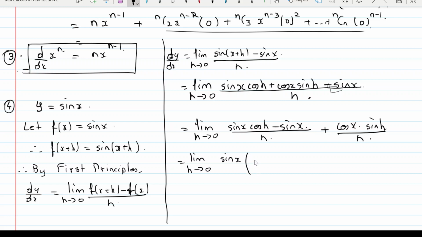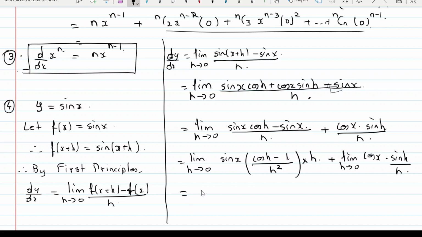What you're left with is cos h minus 1 upon h. And we know this kind of limit. It is 1 minus cos h upon h square, that gives us half. So what I'll do is I'll make this as h square and I'll multiply this by h, plus limit as h tends to 0 cos x into sin h upon h.